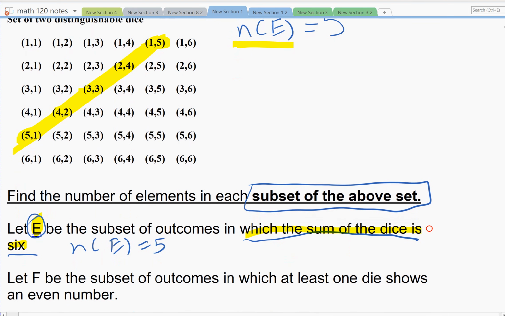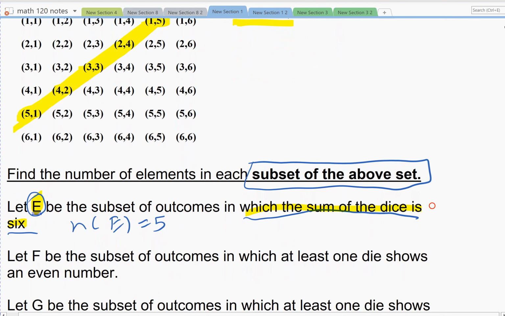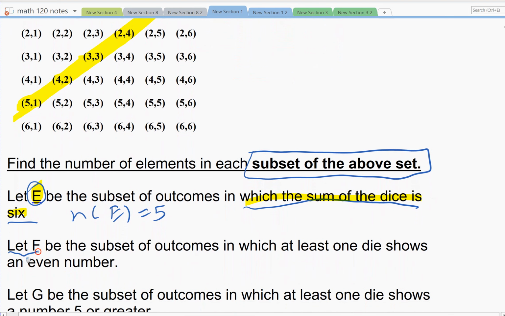Alright, the next subset. I'm going to read it first. Set F is the subset for which at least one die shows an even number. And this term, at least, you're going to hopefully become very familiar with. We use the terms at least and at most quite often in probability and counting.